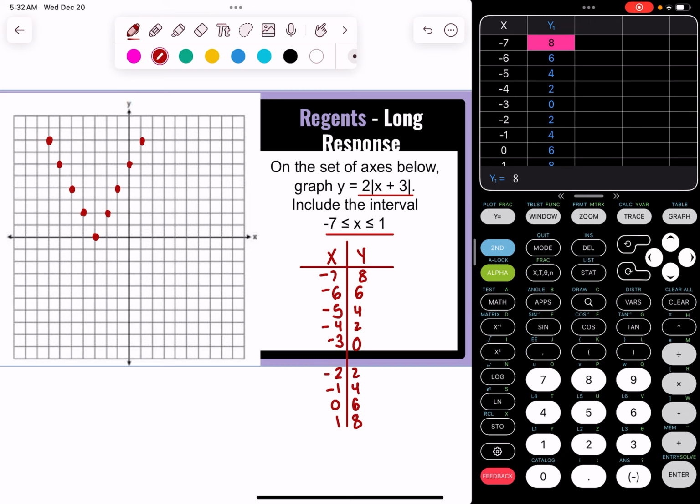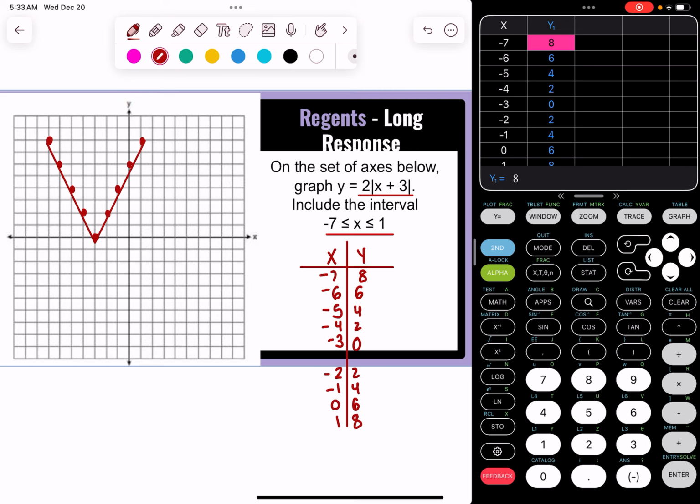Perfect. Now, the only thing here is, when you go to connect these points, you do not extend them past that negative 1 and that 1, because that's how far to the left and right we want to go. And we do not put arrows because they tell us where to start and where to stop. So that is all.